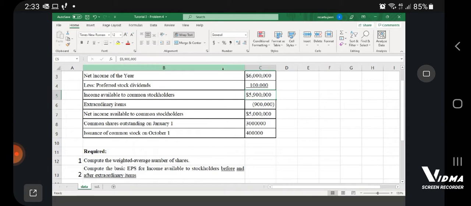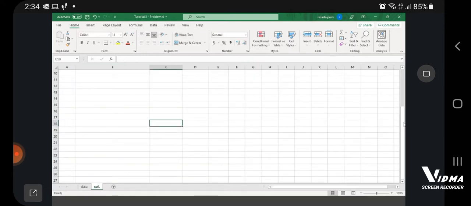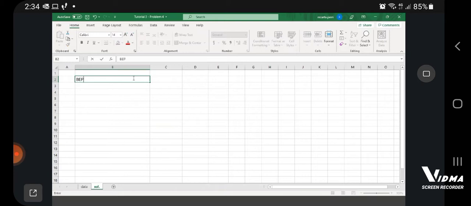So again, this is a requirement of IAS 33 to declare and report basic earnings per share before and after discontinued operations, abnormal activity, or extraordinary items, as we may find here. So let's start with calculating the basic earnings per share by following the same approach that we explained so far.